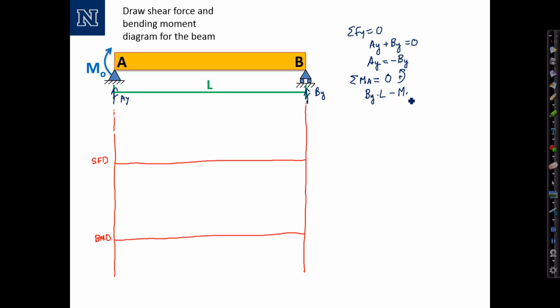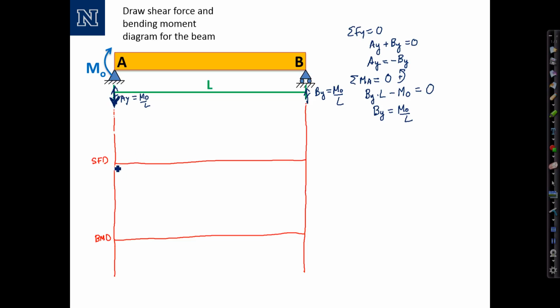The concentrated moment M naught, according to that sign convention, is in the negative direction. Set that equal to 0, and we get B sub y equals M naught over L. I'll write that in right here. That tells me that A sub y is equal to M naught over L, but acting in the opposite, or downward, direction. So there's my couple that resists the concentrated moment.